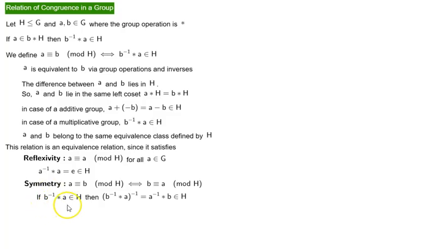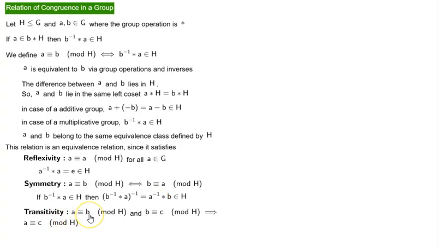If B inverse times A is in H, then its inverse is also in H. So its inverse would be A inverse times B, which is also in H because of the closure of the inverses.